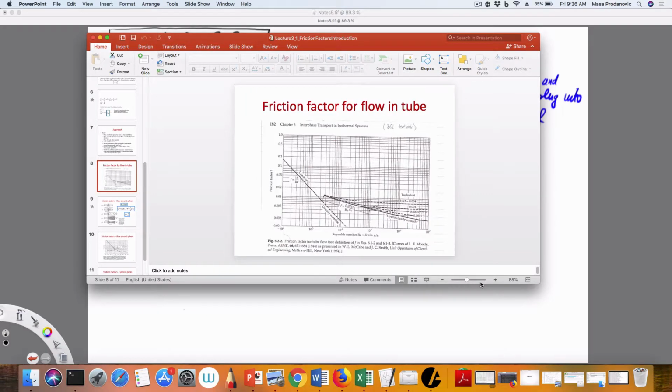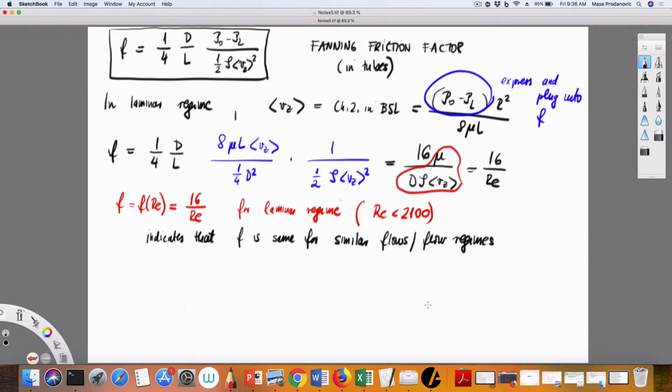So one could, again, look theoretically into turbulent flows, which we are not going to do, but you have that in chapter 6 if you'd like.